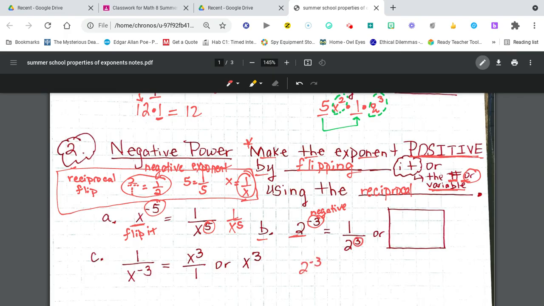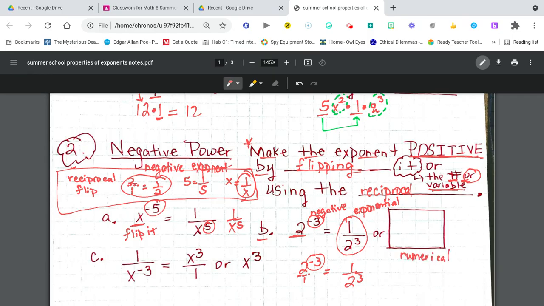So negative 3 became a positive 3, and that 3 stays with the 2. I can leave it like this, which is what we call an exponential expression, because I left it with the exponent. Or I can write it as a numerical expression.